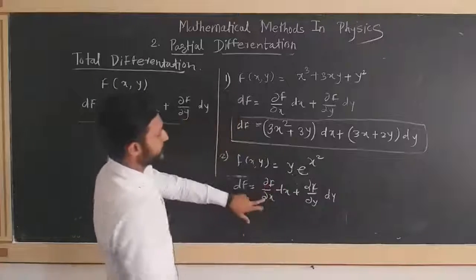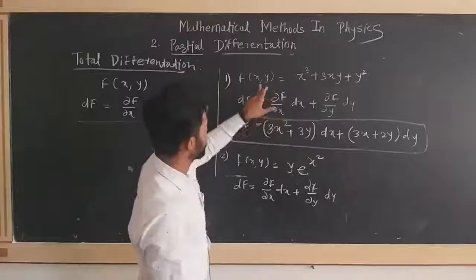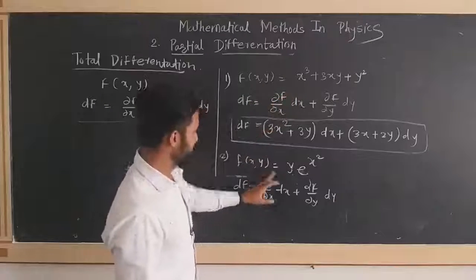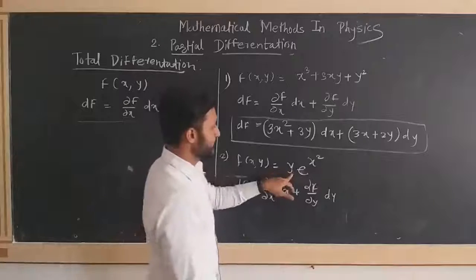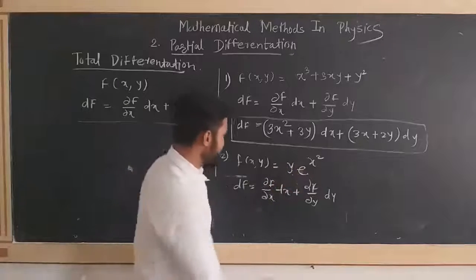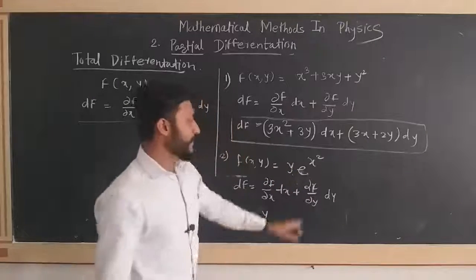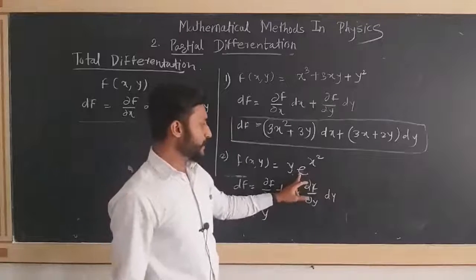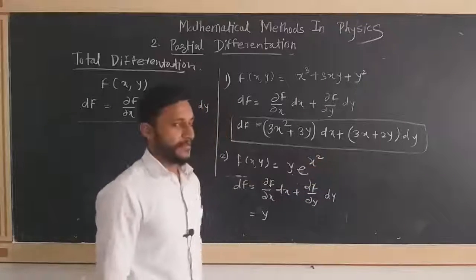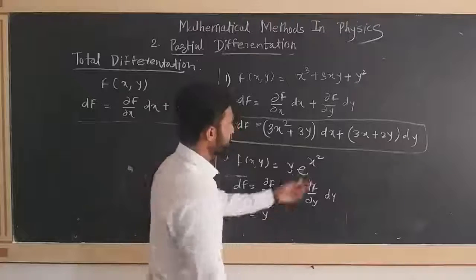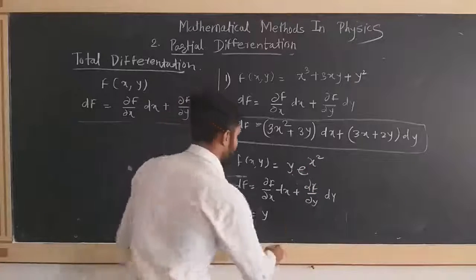So differentiate this function with respect to x. So y is constant, okay, keep it as it is. And what is the differentiation of e raised to x? E raised to x. But 2x is the differentiation.